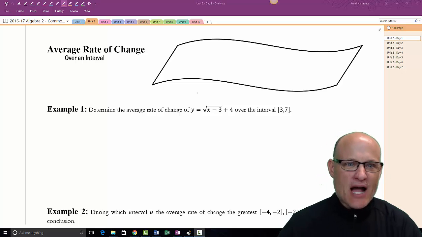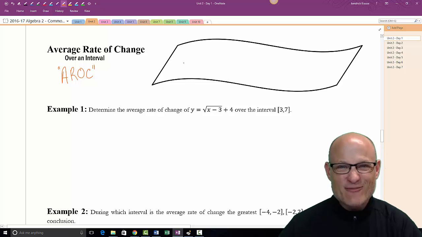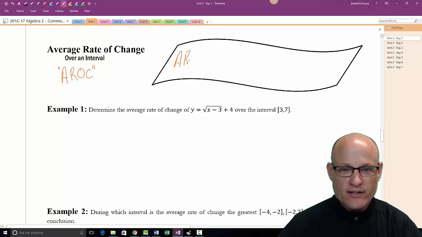All right, average rate of change. Now remember, the average rate of change is really slope, but you got to do it a little bit differently. The average rate of change is really the change in y over the change in x, or in other words, it's f of x2 minus f of x1 all over x2 minus x1.